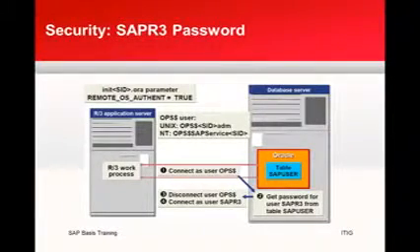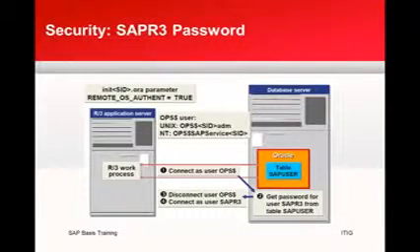Here you can see that we have defined the mechanism called remote OS authentication to true. When we define this, what happens is that as step 1 we connect as user OPS$ to the Oracle database. So you can see on the left side, from an SAP system, it could be a central instance or a database instance, we are connecting to the database server, and in this process of connection, as step 1 we are connecting as user OPS$.